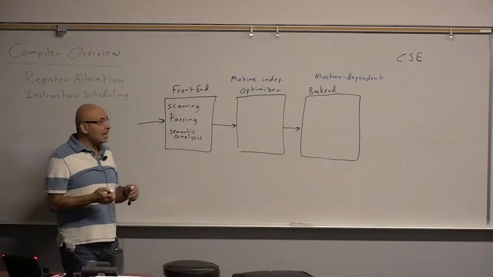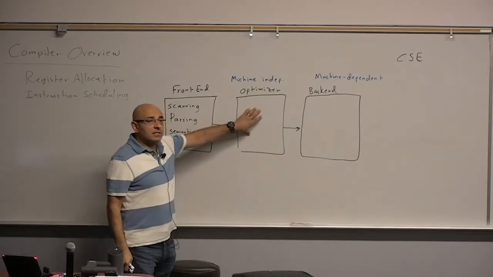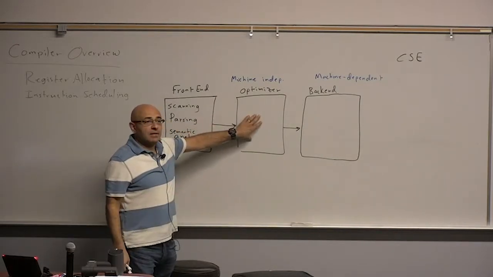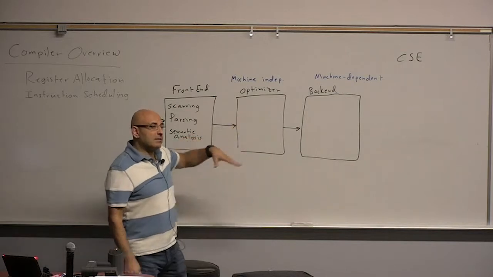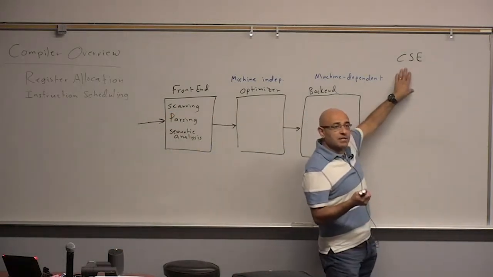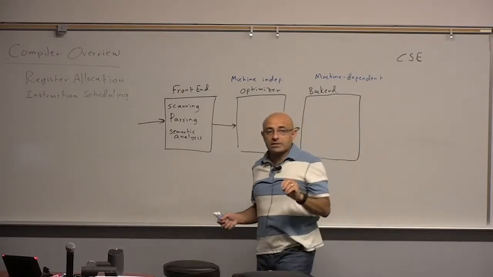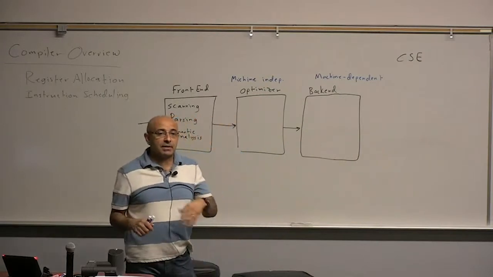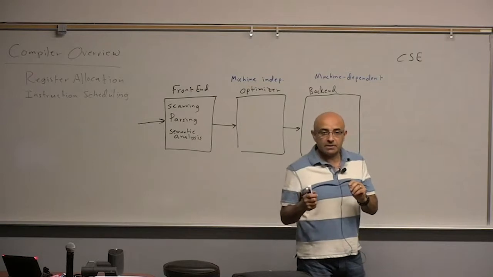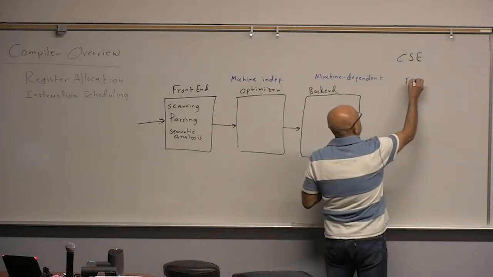But last time we said that in practice, these optimizations here are not going to be strictly machine independent. Their nature has nothing to do with the machine. It has to do with the code, right? Common sub-expression elimination is an optimization that has to do with the code itself. It's trying to eliminate some redundancy in the code, or it's trying to do some kind of reuse. So the idea here in common sub-expression elimination is reuse.